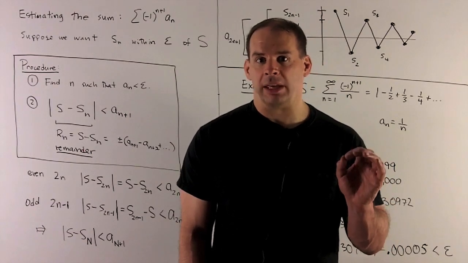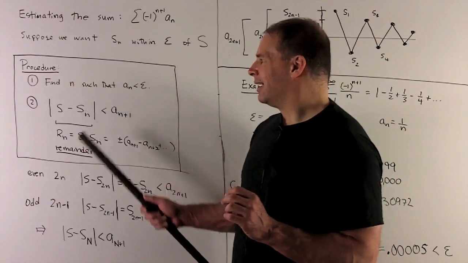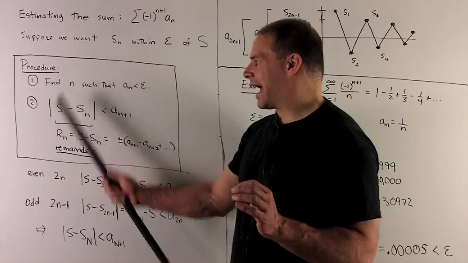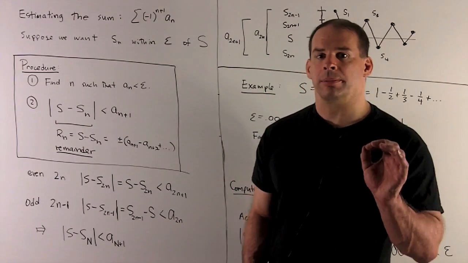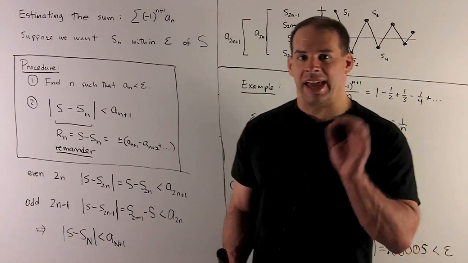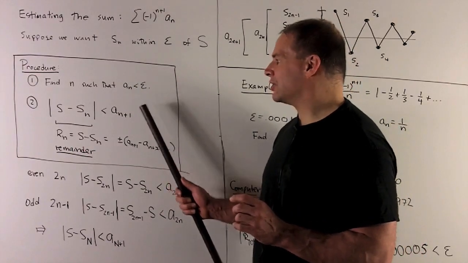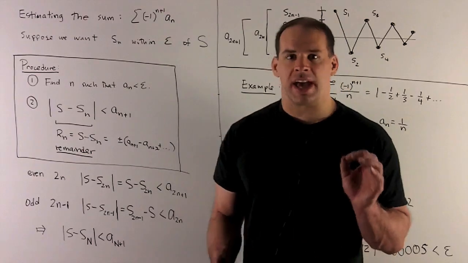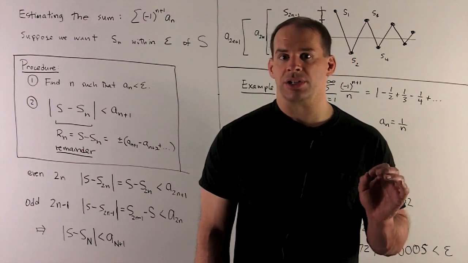Then the rule is, if we take the nth partial sum for that n, then the absolute value of the actual sum minus our partial sum is going to be less than a sub n plus 1. Now, since the a's are decreasing, a sub n plus 1 is less than a sub n, so this is going to be less than epsilon. So that's our test for finding an estimate of the error for an alternating series.